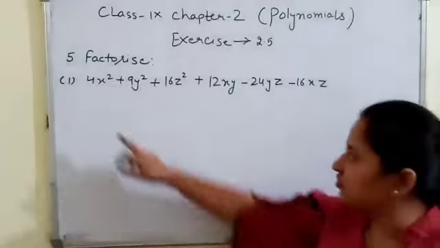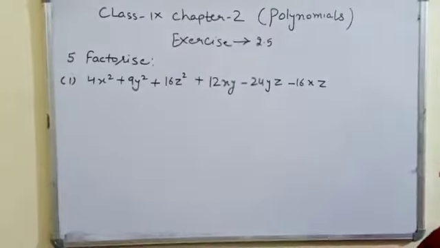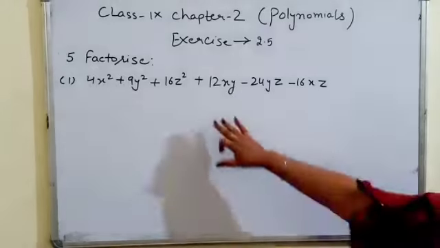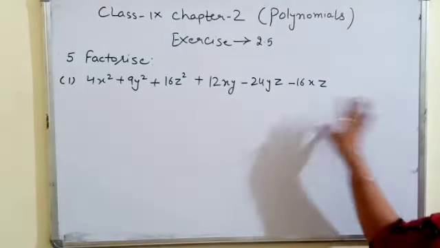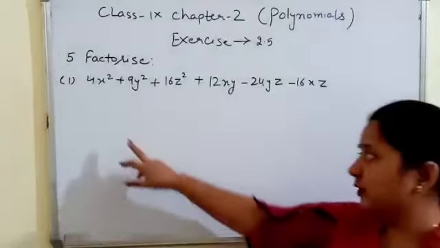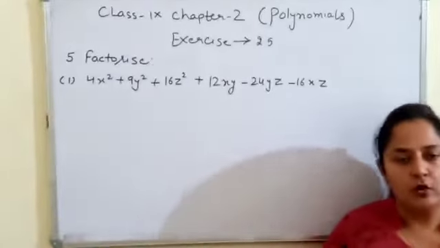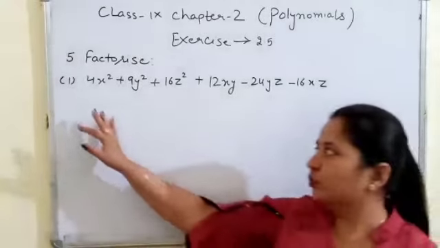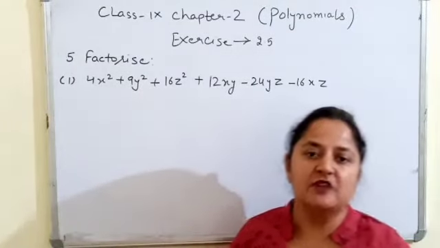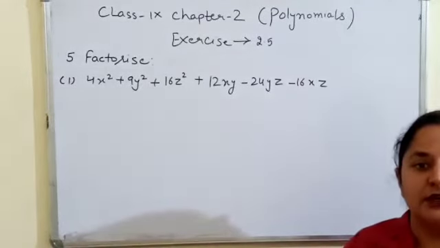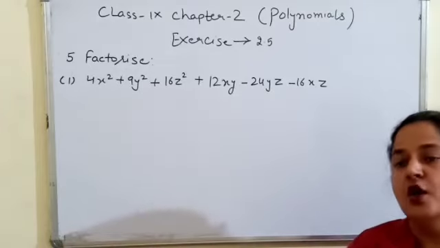Question 5 is, factorize 4x square plus 9y square plus 16z square plus 12xy minus 24yz minus 16xz. Here you can see the first three terms are each a perfect square, so we can easily factorize this equation in the form of A plus B plus C whole square.